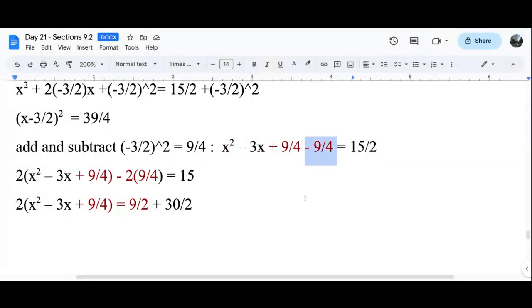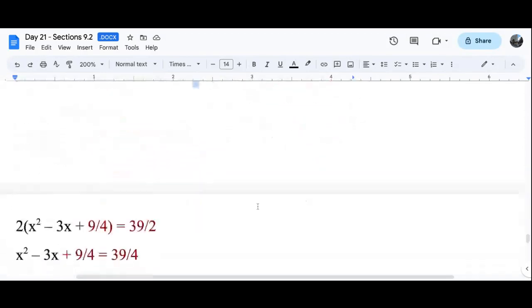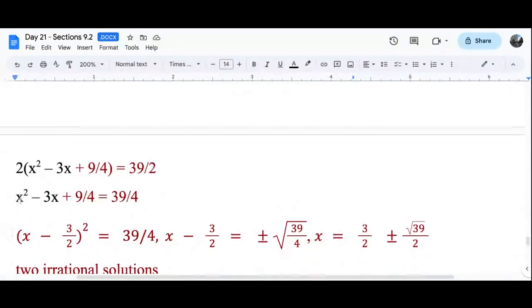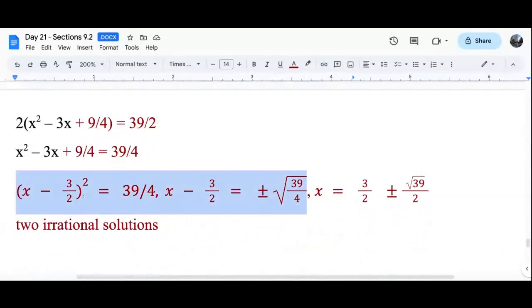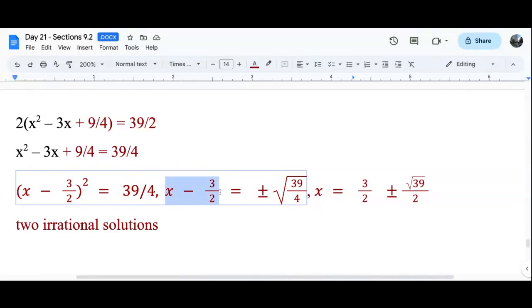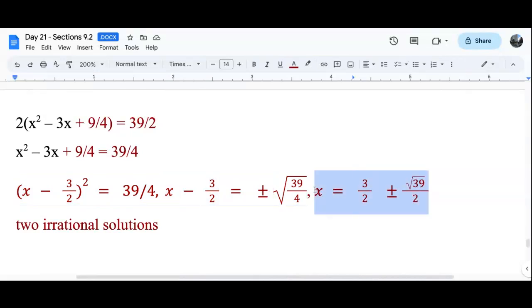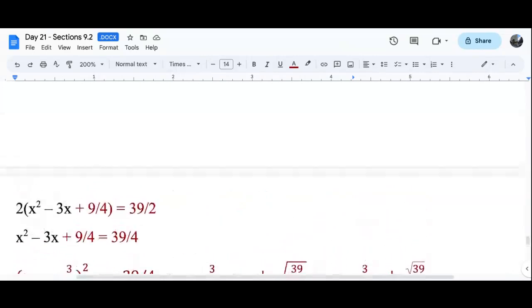Well, you could add on both sides, exactly the same. So we get x minus 3 over 2 squared equals this. Then we square root both sides. Does this make sense? Is any part still confusing?